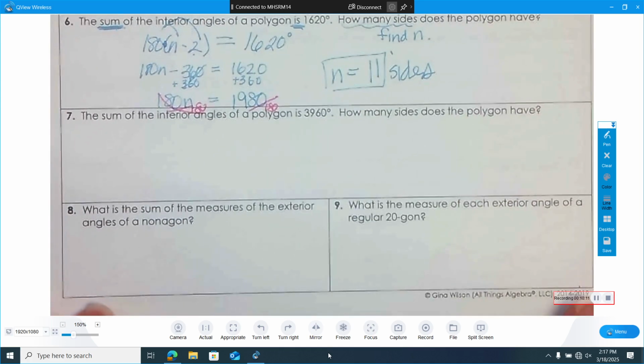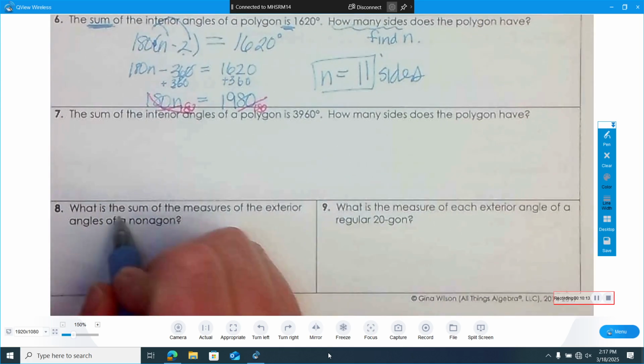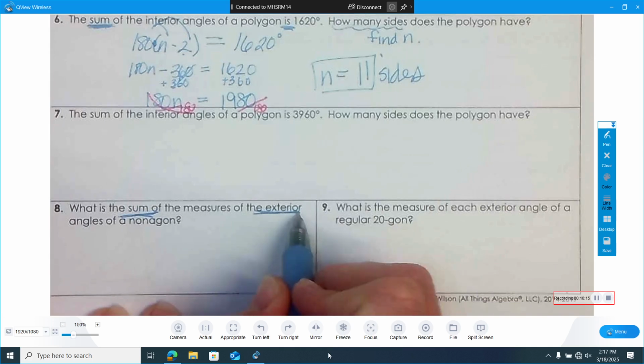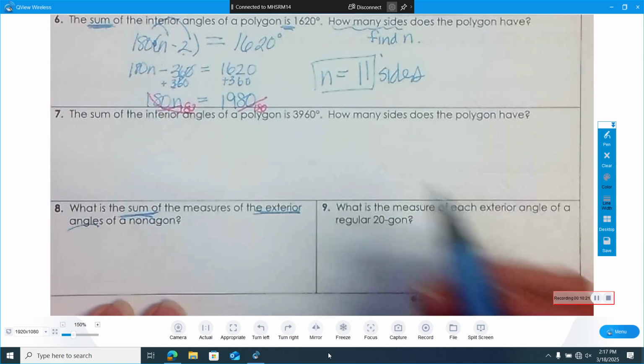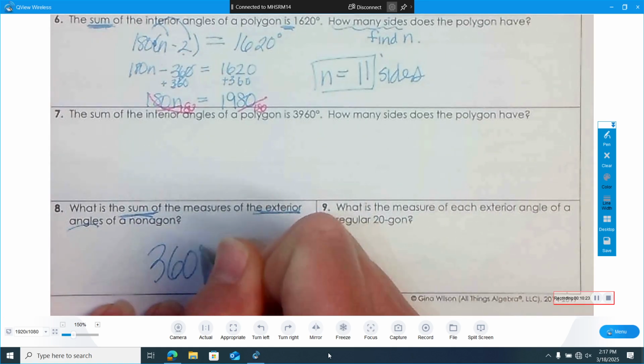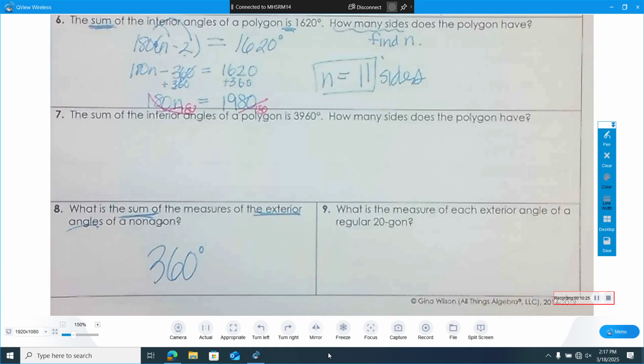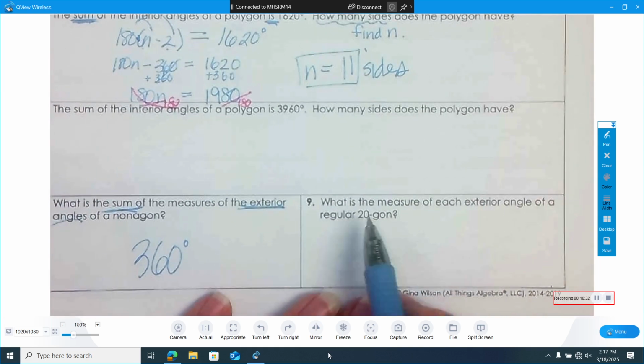Number 8. What is the sum of the exterior angles of a polygon? 360. Does it matter if it's a nonagon or a dodecagon or a hexagon? No, they're all 360. Does not matter. Now, a different question.